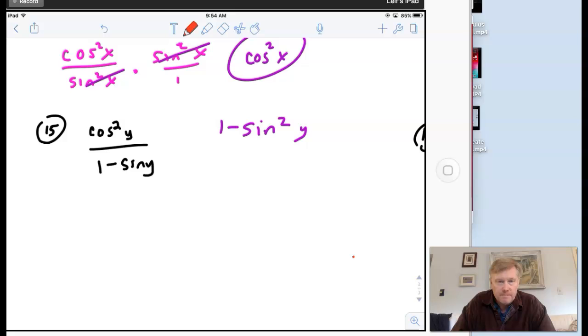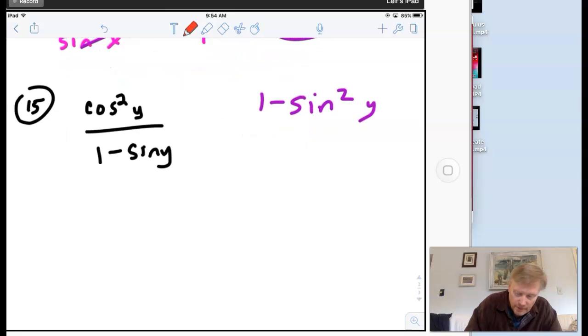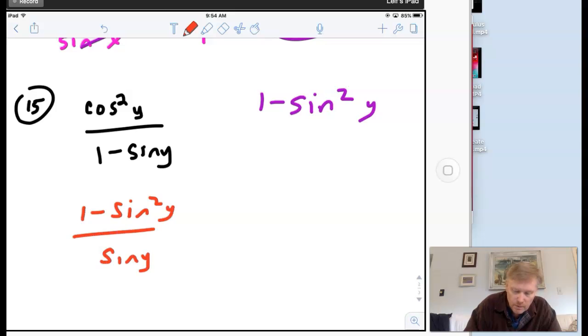Okay, so number 15, cosine squared over 1 minus sine of y. So I can change the cosine squared of y into 1 minus sine squared. So if I do that, I get 1 minus sine squared of y over 1 minus sine of y. Now that numerator is a difference of two squares, which means I can factor it.